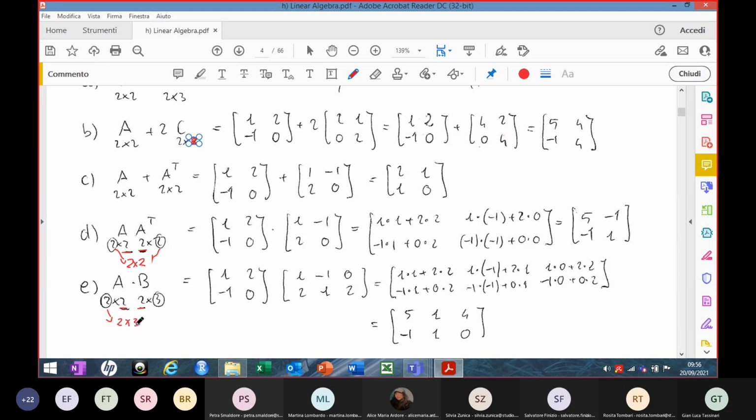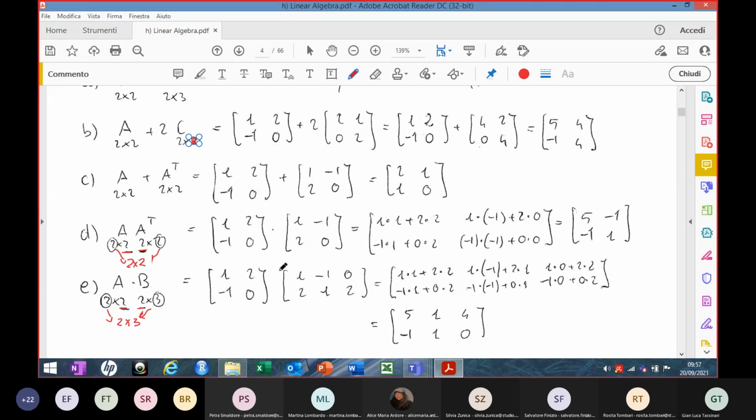So now we are going to do this product. I copied the matrix A and I copied the matrix B. Again, the product is called row by column, because first you have to exhaust all the multiplications between the first row of A and all the columns of B. So the first product is between this vector and this vector.